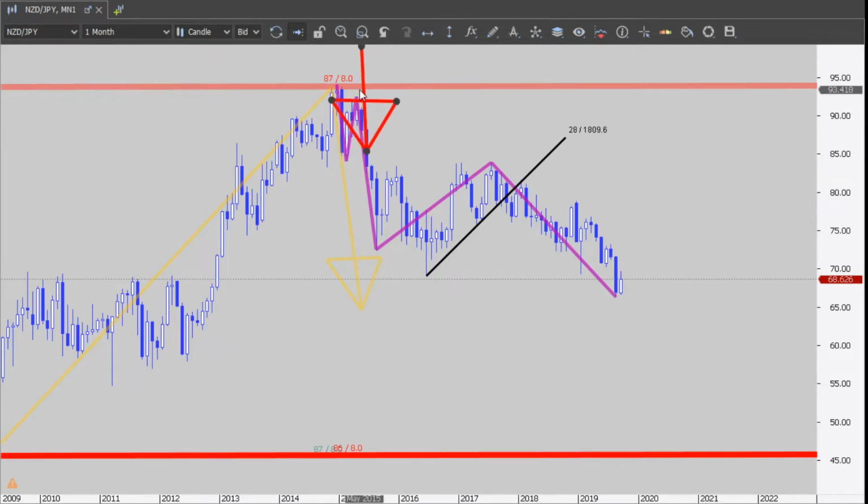NZD-JPY and NZD-CAD may move the same as a long-term bias, but they are not going to move the same short-term, so forget about the correlation. Hello Annie, how are you? Eddington is short already. Eddington, where is your stop loss?